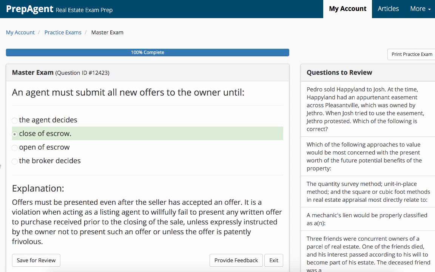So I can't accept other offers yet, but if the deal falls apart, I have those offers on the table. It all depends what's agreed upon. The key thing in this question is, if it said the seller requests to not accept any more offers, that's different. But it doesn't say that here. So you've got to see what the options are.